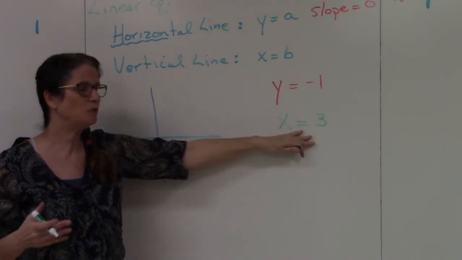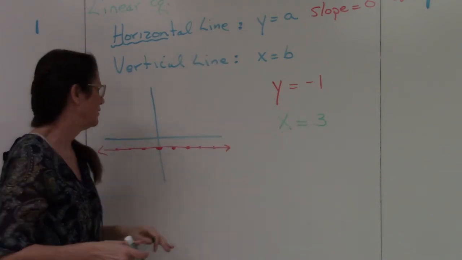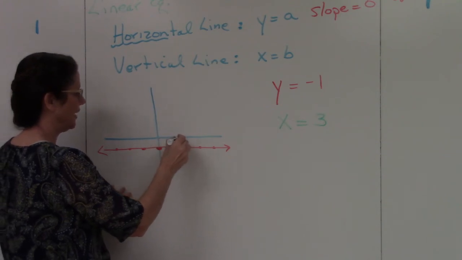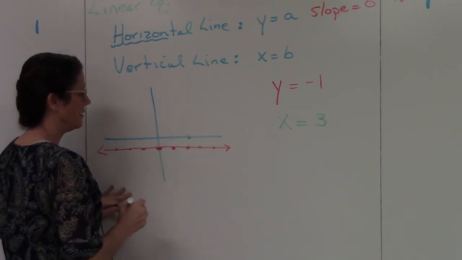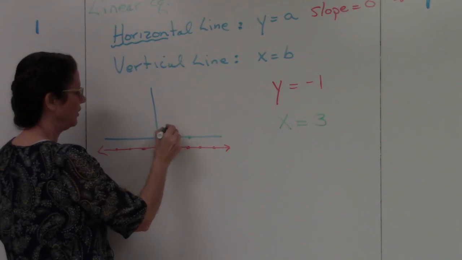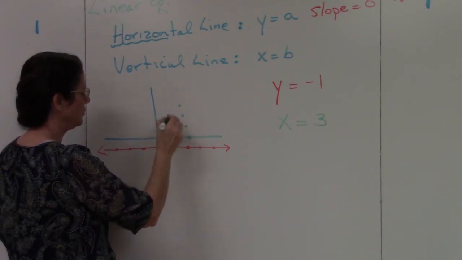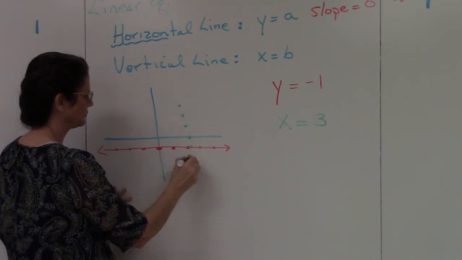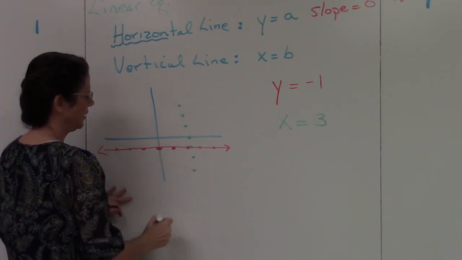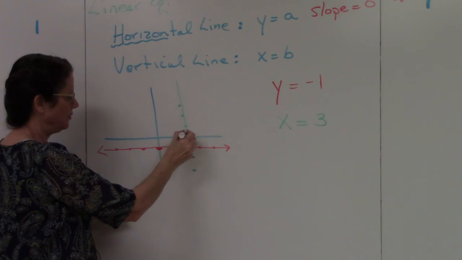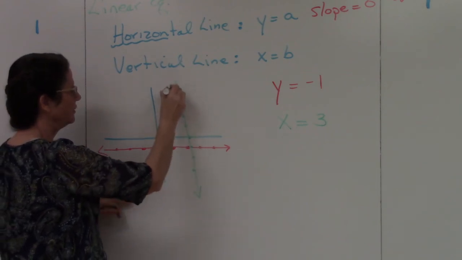In our example, we have x equals 3. So I'm going to come over here to x equals 3 and put a point. And just like with the other one, it doesn't matter what y is, x will always be 3. Okay, so you can see I end up with a vertical line.